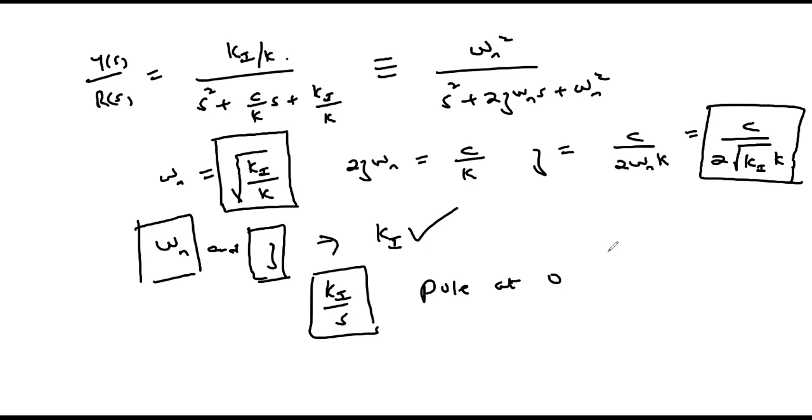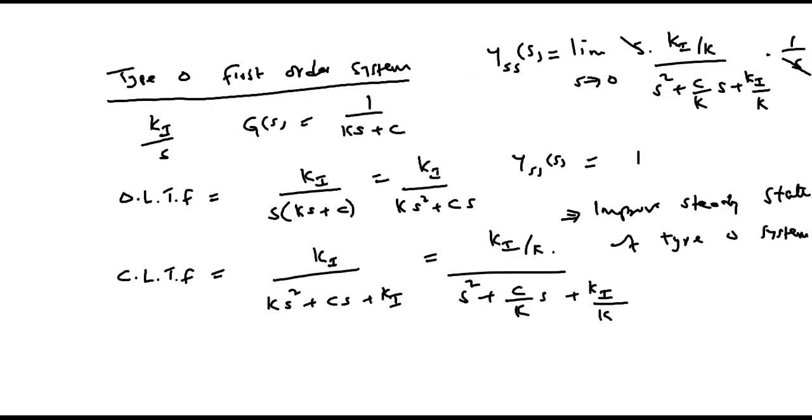And therefore, we do not use the integral control action on its own. However, what is of importance is that it affects the steady state performance of the system positively, by improving it. And that is the integral control action.